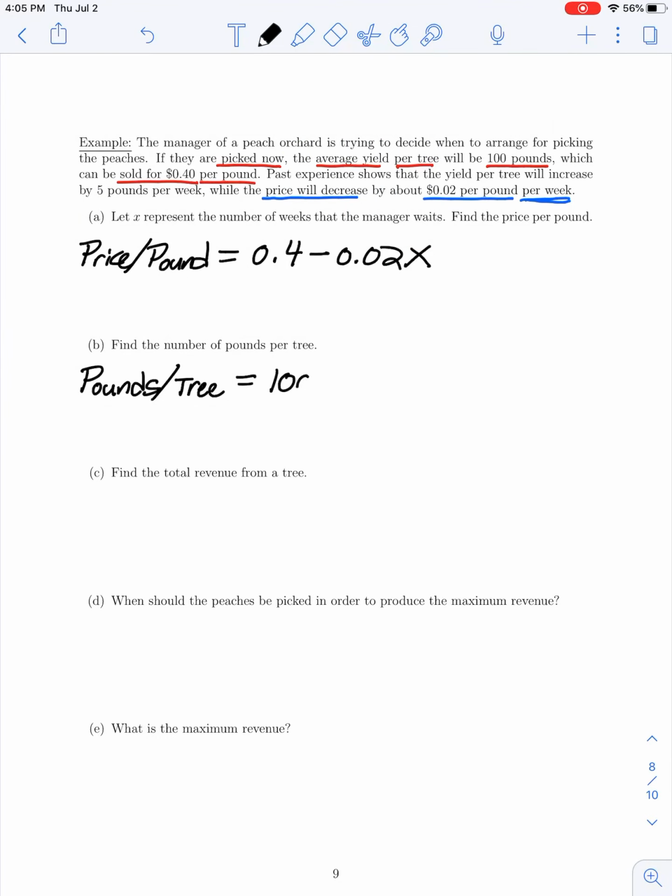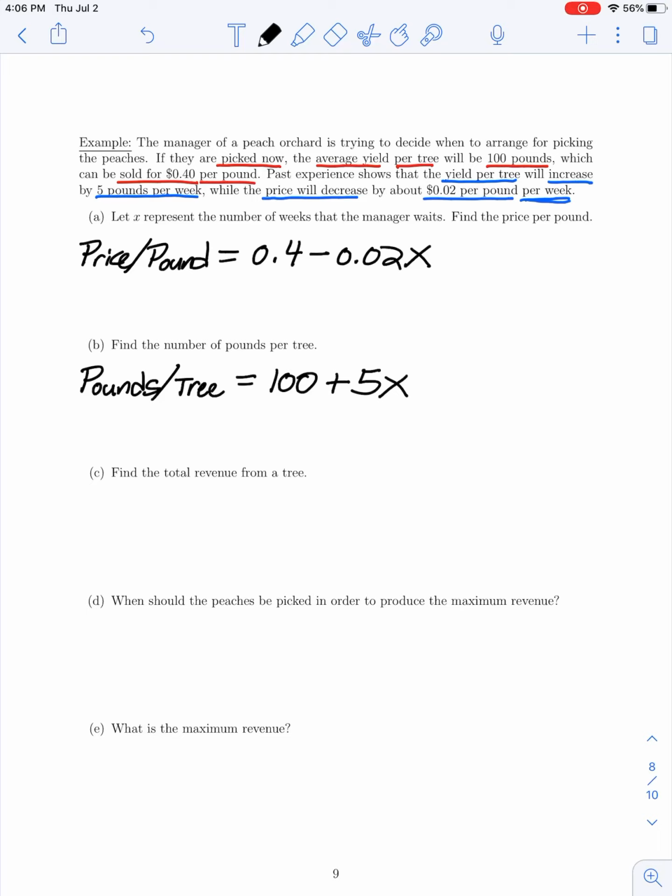So we would start with 100 pounds on average per tree. However, if we decide to wait, then the yield per tree is increasing by 5 pounds per week. So from that average of 100, we would increase 5 pounds per week times x, the number of weeks that we decide to wait.